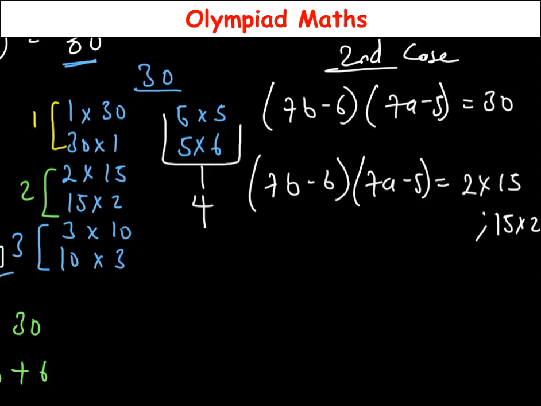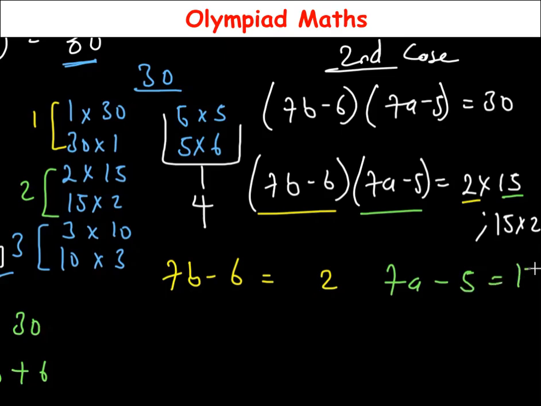Comparing, 7b minus 6 is equal to 2, and 7a minus 5 is equal to 15.